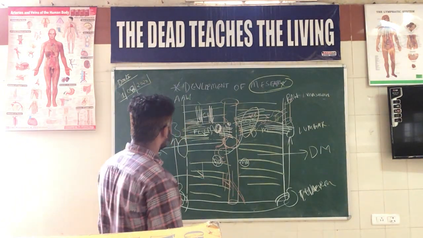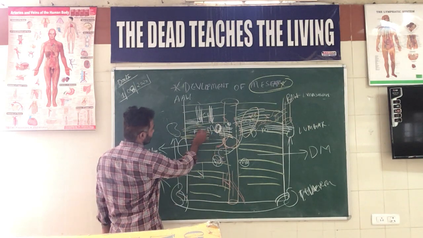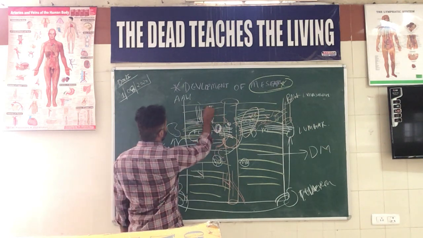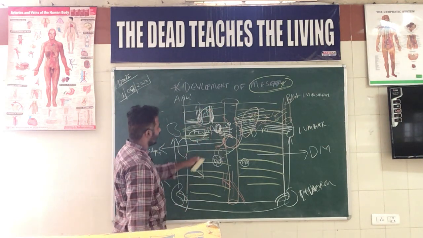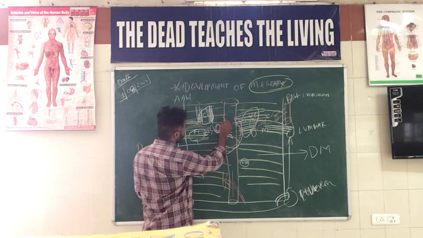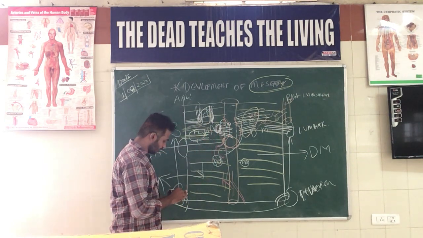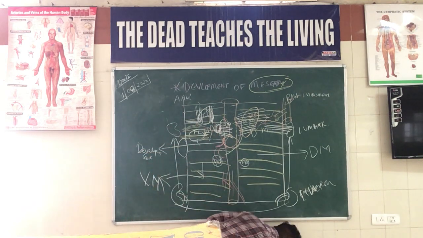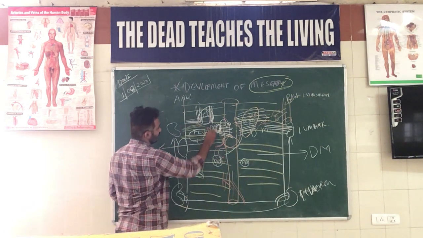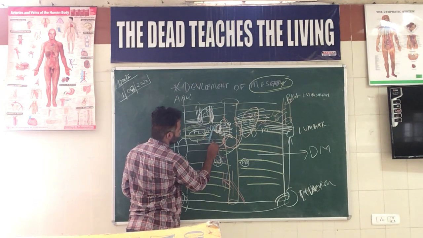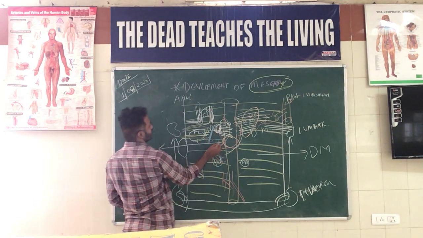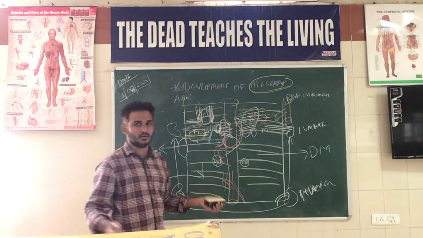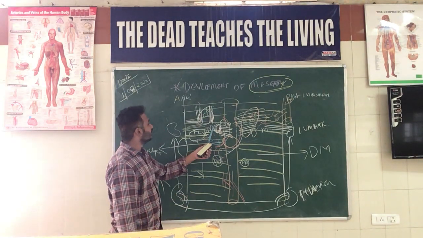The options were: falciform ligament as option A, the coronary ligament as option B, the lesser omentum as option C, and the ligamentum teres hepatis. The correct answer is the ligamentum teres hepatis.